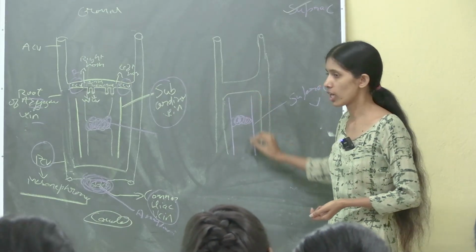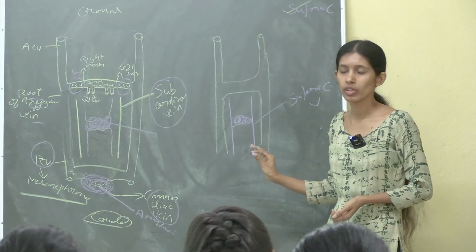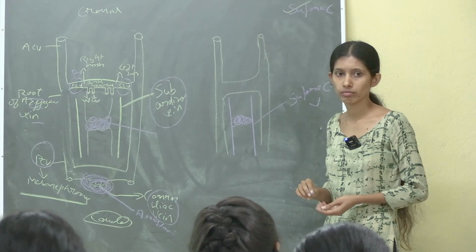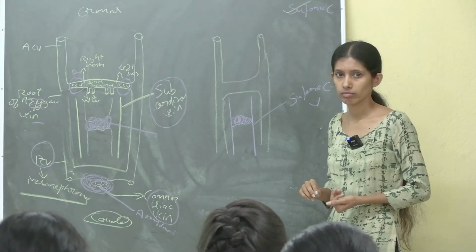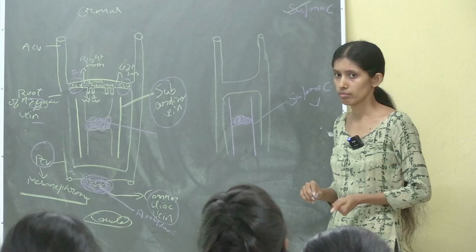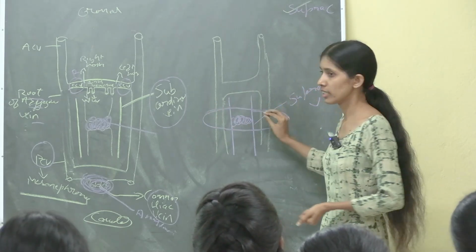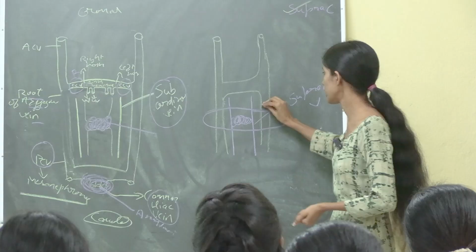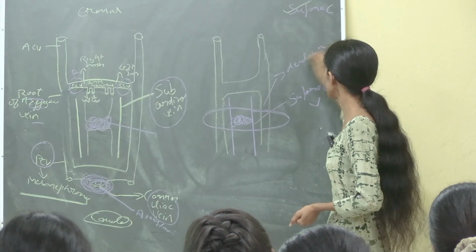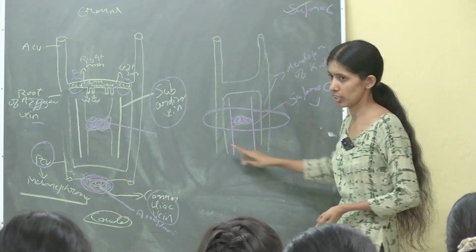But the continuity of your supracardinal vein will get disturbed. What is the reason? In this region, we can see the development of your kidney. Okay, development of kidney is taking place at this region.